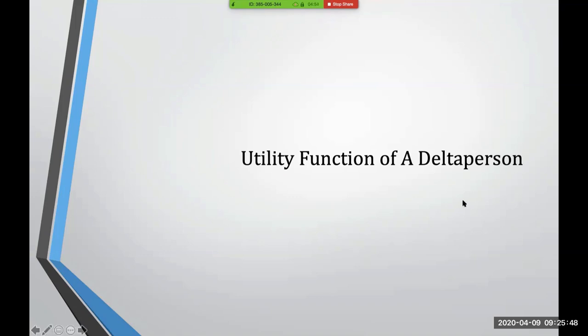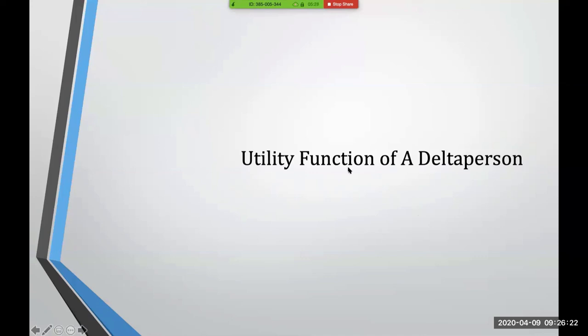Starting from this class, we're going to look at how we can use a utility function to represent a delta person's U-curve. So now we're switching gear from reading U values off the U curves to another method: we give a functional form of that U curve, and then we use a mathematical way to find the U value of any uncertain deal for a delta person.